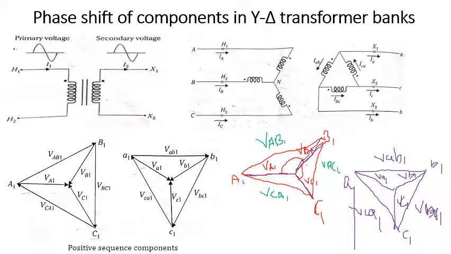If you draw that, this is capital VA1, and the angle made here is 30 degrees. So capital VA1 is advanced over small VA1 by 30 degrees. This is obeyed for the positive sequence component by the ANSI standard.